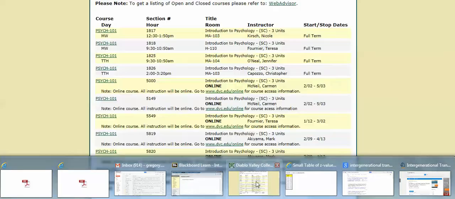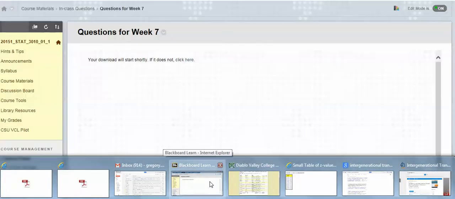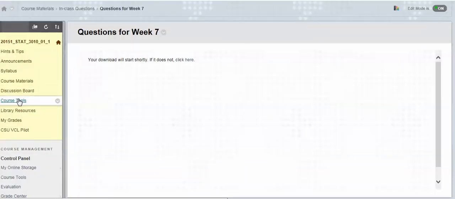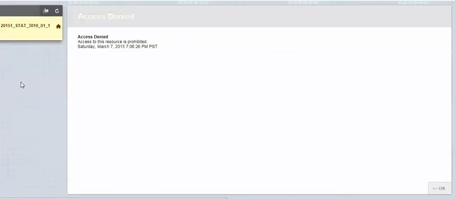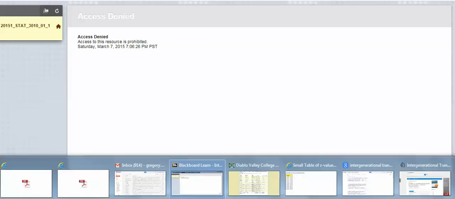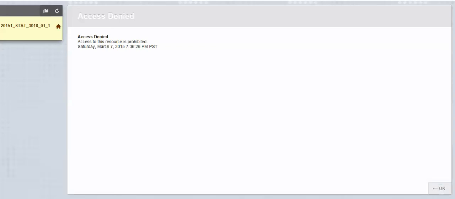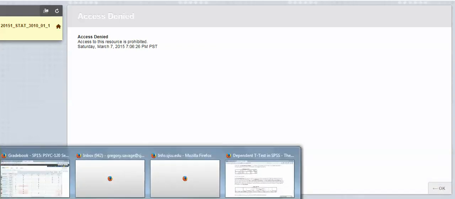Let's see if I have our t-table up here. It's saying access denied. Hopefully I have it up here.